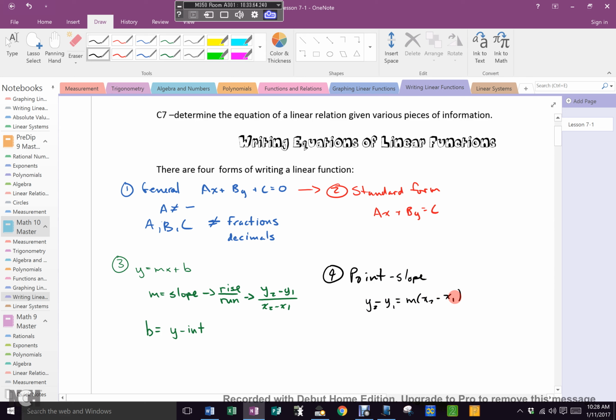Now, remembering that y1 and x1 are points on the graph, with opposite sign.